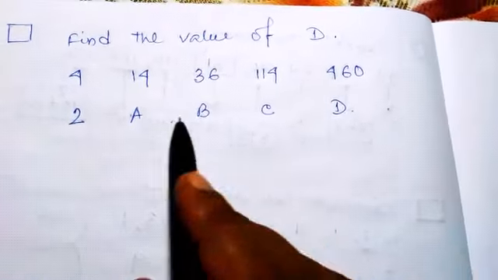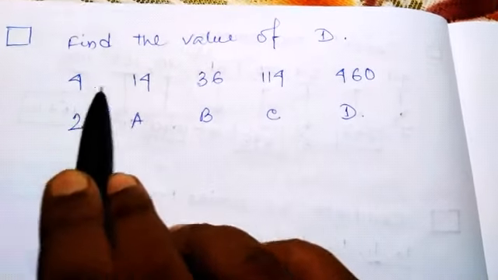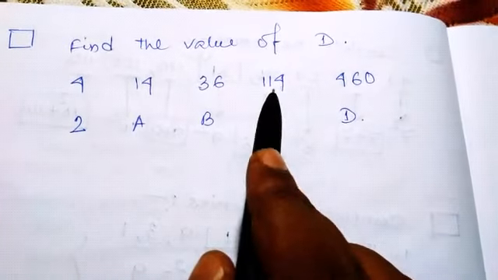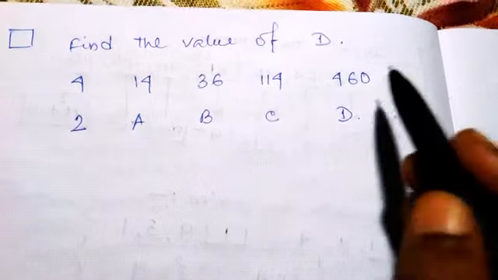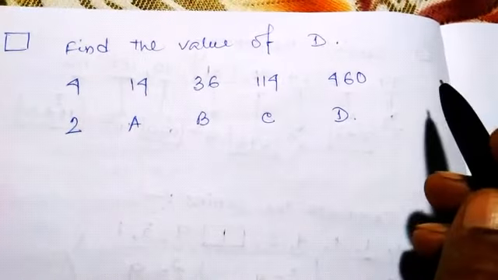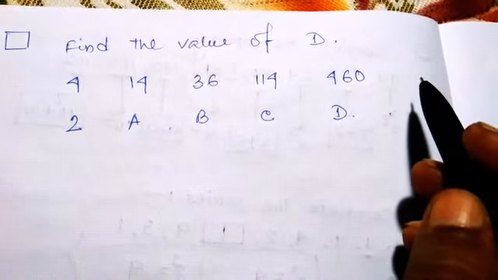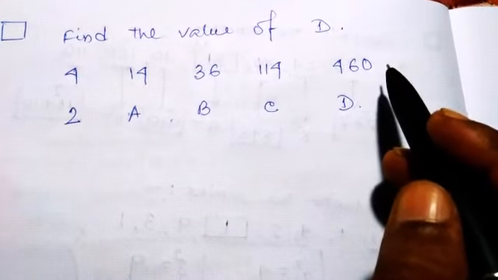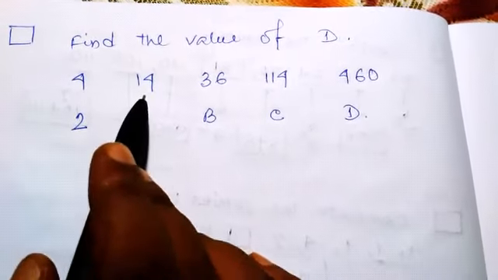Here the first series is 4, 14, 36, 114 and 460. Now you have to understand the sequence of the series, 4 and then 14.